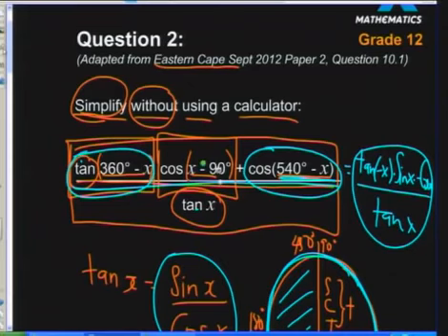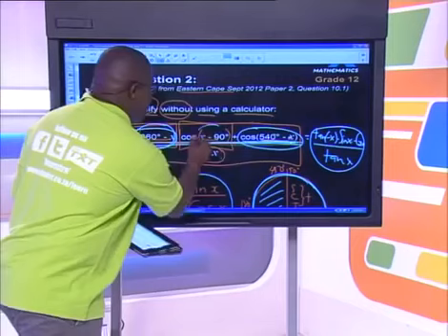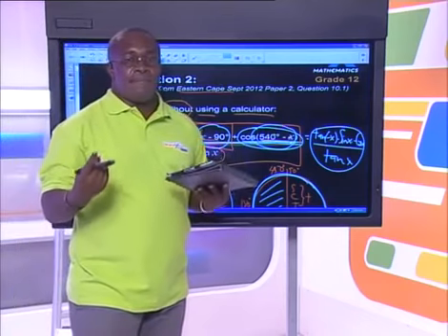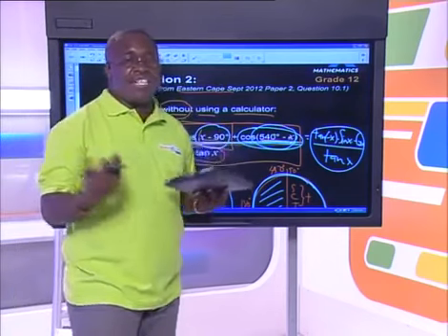So remember, it's the brackets there. Plus cos of 540 minus x, which is also in brackets. So what we did, we expressed these three as singular values in terms of x.